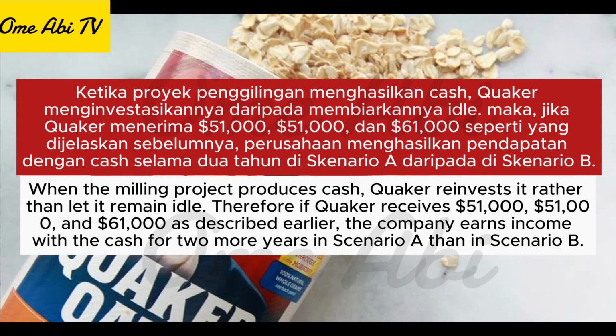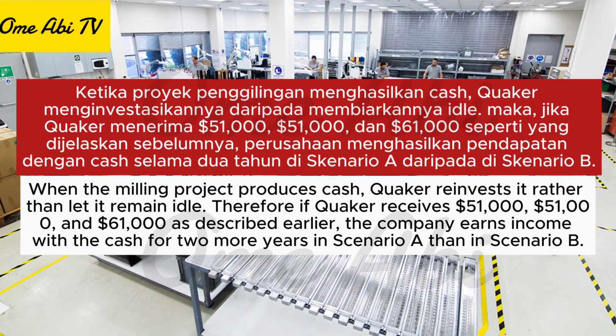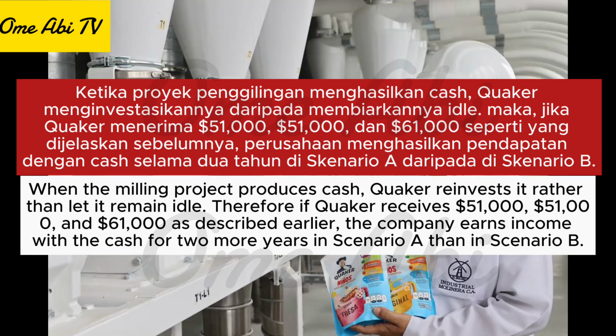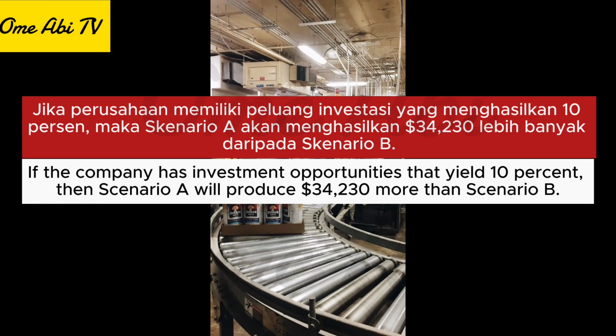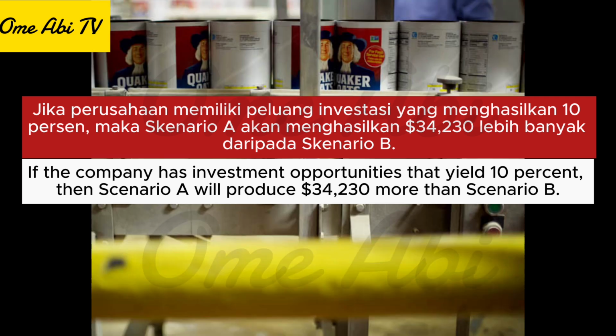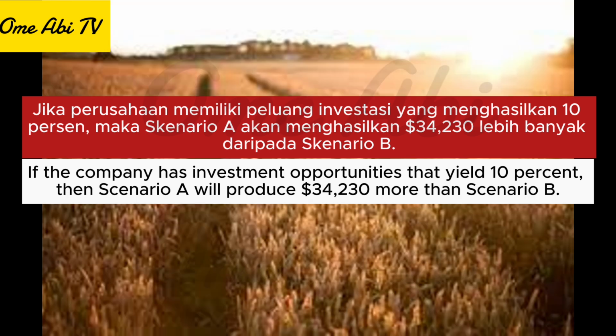Therefore, if Quaker receives $51,000, $51,000, and $61,000 as described earlier, the company earns income with the cash for 2 more years in scenario A than in scenario B. If the company has investment opportunities that yield 10%, then scenario A will produce $34,230 more than scenario B.